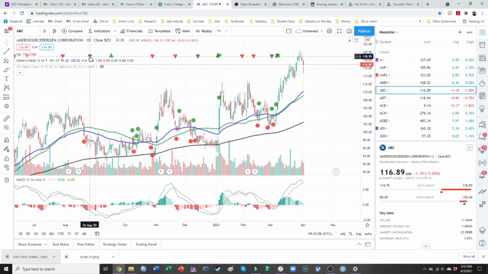The purple arrow is one that I do use quite frequently. And what that is, and you can see right here, if we look down there, what we see is that the orange line crossed below the zero line right at that purple arrow.